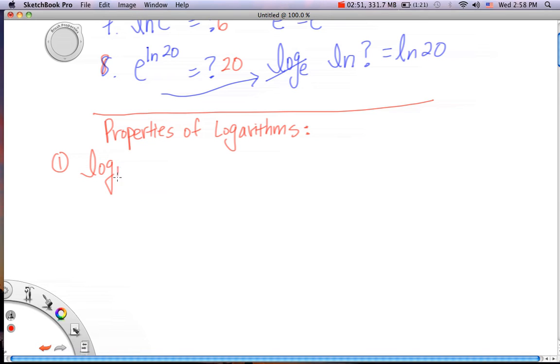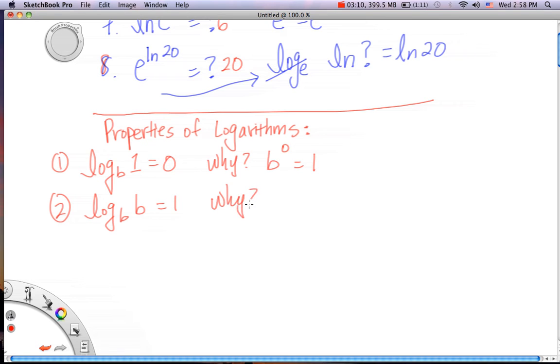If you have log b of 1, that's always equal to 0. You know why? Because b to the 0 power is 1. Number 2, log base b of b will equal 1. Why? Because b to the 1 power is b. So that's why these things are true.